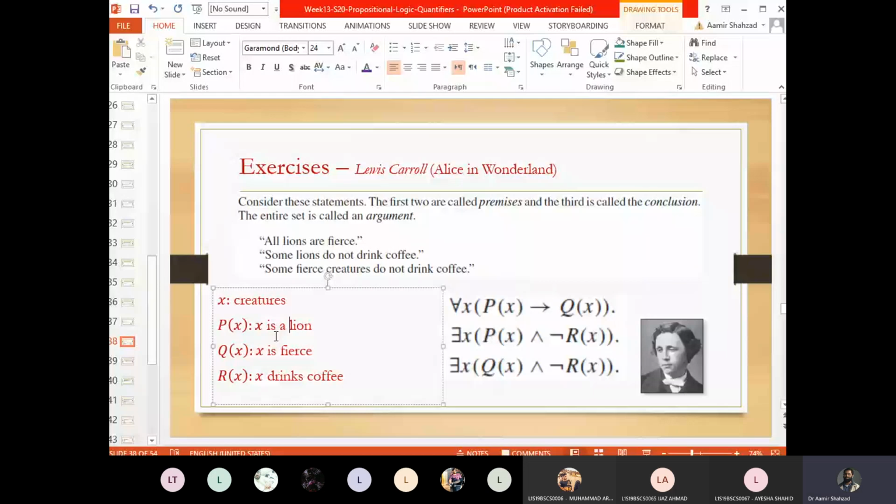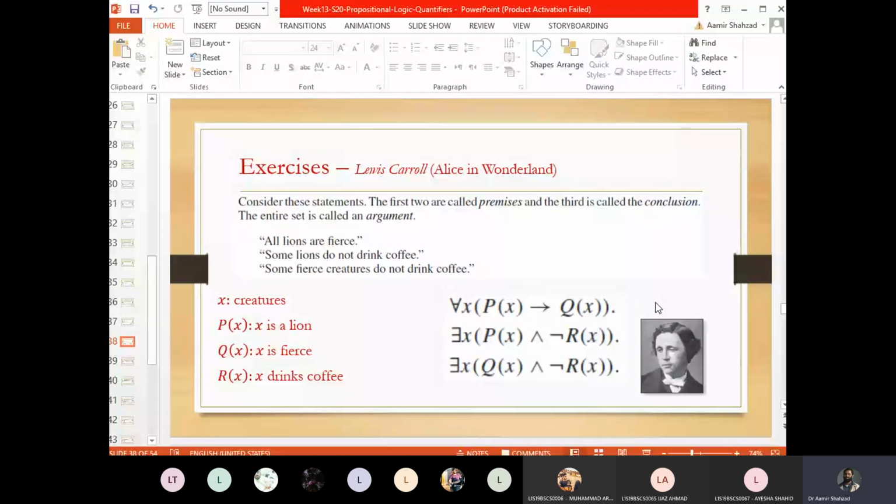Let's see. All lions are fierce. For all x, all those creatures, if it is a lion then it is fierce. So for all x, if this x is a lion, then it's a fierce creature. So p of x implies q of x.